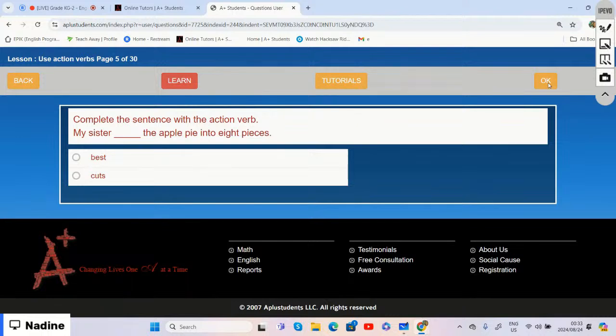We need to choose the correct action verb.